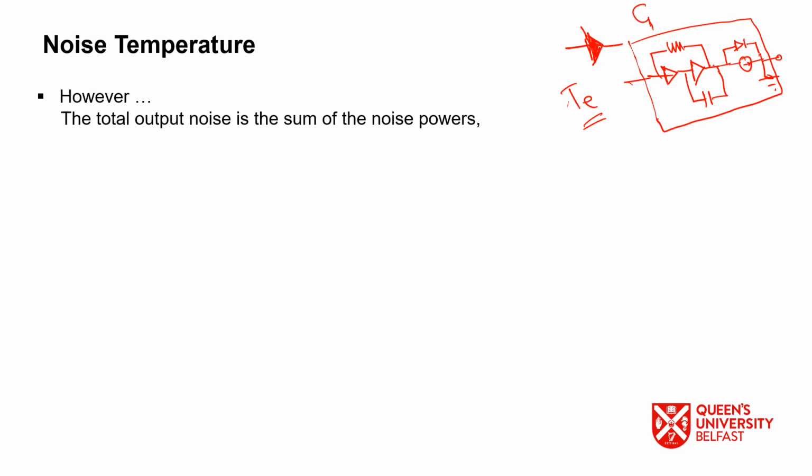The total output noise is the sum of noise powers, and total is actually amplified source noise plus device output noise. So the device output noise is the noise that has been created inside this device. If we write it in the form of gain, then it is G N in plus N D out.